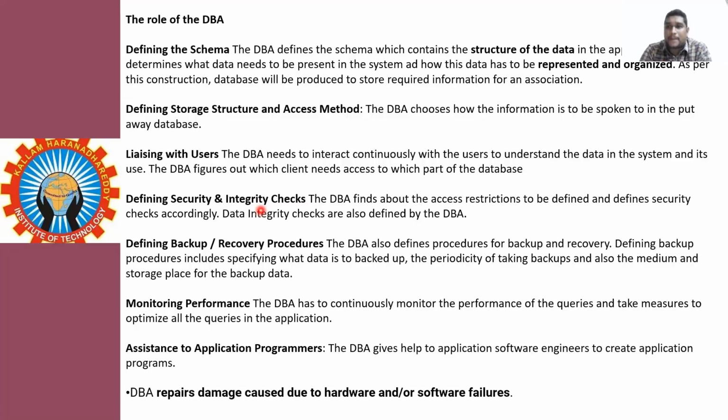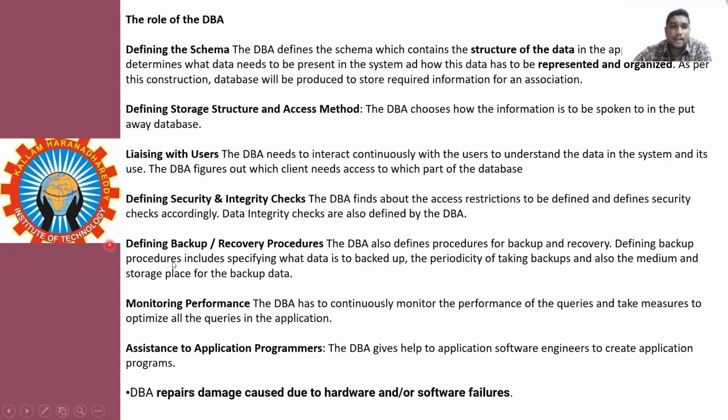Security means ID and password, integrity means giving some constraints, so that data should not be duplicated. There should be no redundancy of the data, means there is no duplication of the data. If there is no duplication of the data, we are providing some constraints called integrity constraints. So the DBA performs security and integrity constraints.